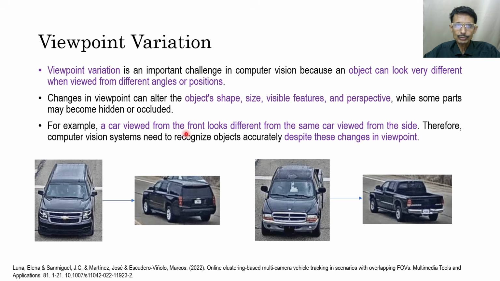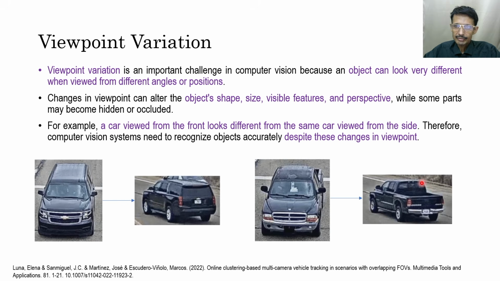For example, a car viewed from the front looks different from the same car viewed from the side. Therefore, computer vision systems need to recognize objects accurately despite these changes. So this is the challenge.